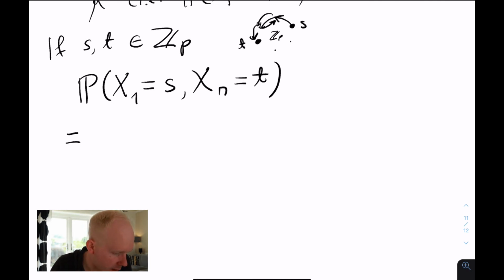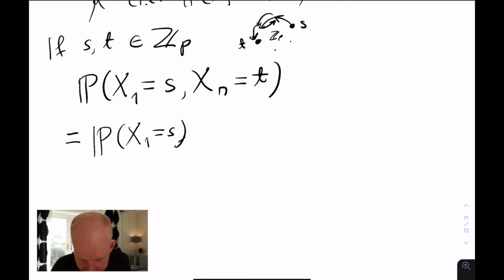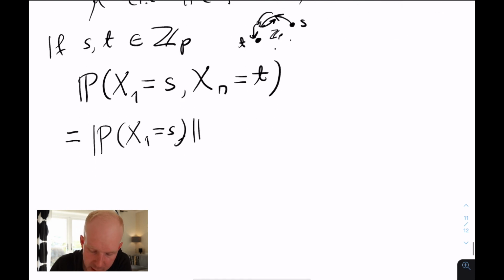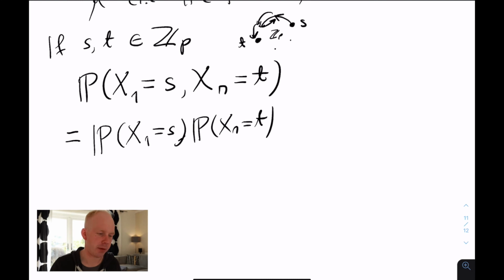You can then define this to be just the probability of X_1 being equal to s, and then, because we think of these as chosen independently of each other, X_n is equal to t. Here we have to be careful with the convention: does it depend on the choice you have already made?